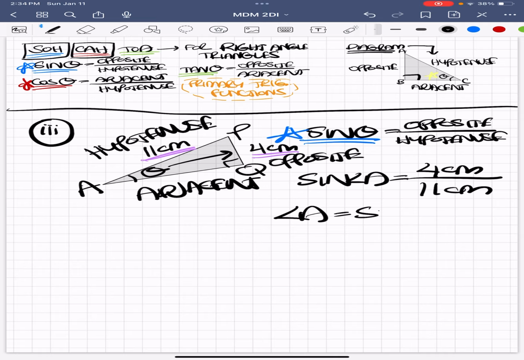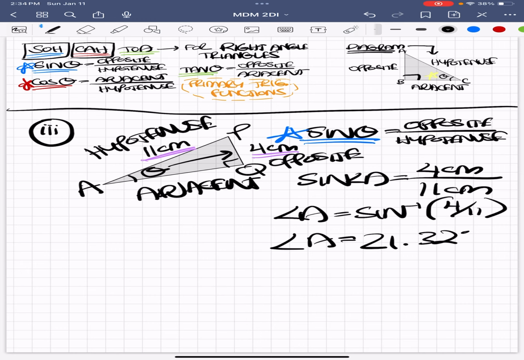We're going to take the inverse of the sine function with the fraction 4/11. And then we have angle A being 21.32 degrees. And then angle A rounded to the nearest degree is 21 degrees.